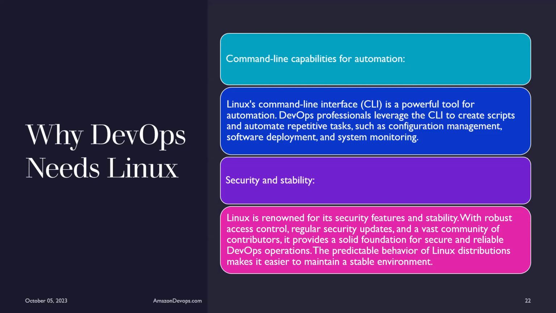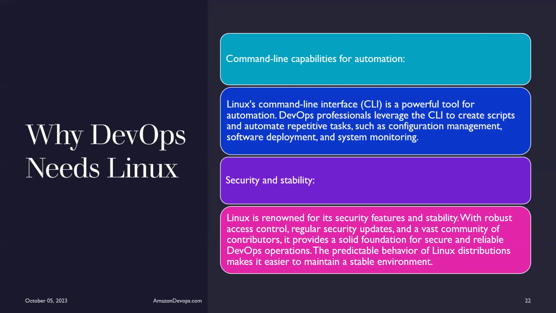Bottlenecks are going to affect the speed at which we can deliver the software. When the speed is slow, we are not able to adapt to the market. If we are not able to adapt to the market, we are not able to help the final customer. So we need a command line interface that is very effective. And of course, Linux gives us that option.